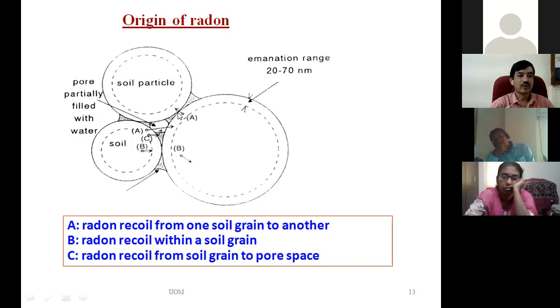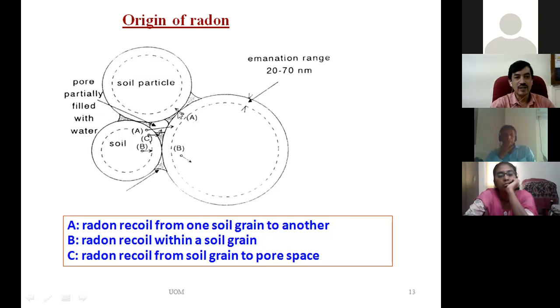Because of its small recoil velocity, radon cannot penetrate the soil grain for a longer distance. It can move only a small distance. In this diagram, see this arrow mark. If this is the position of the radium undergoing radioactive decay, and the alpha particle is emitted inwards, towards the center of this soil grain, then radon is pushed outside the soil grain.